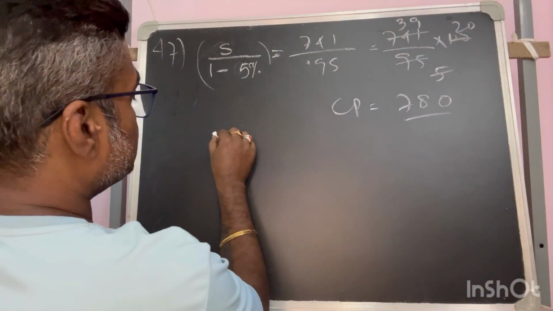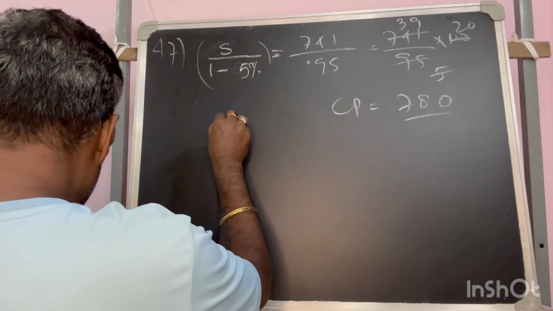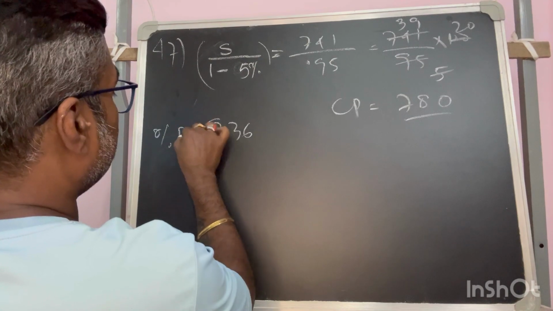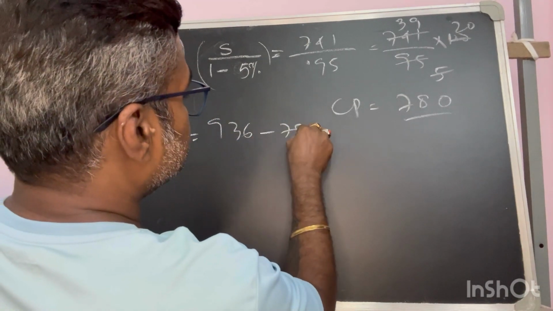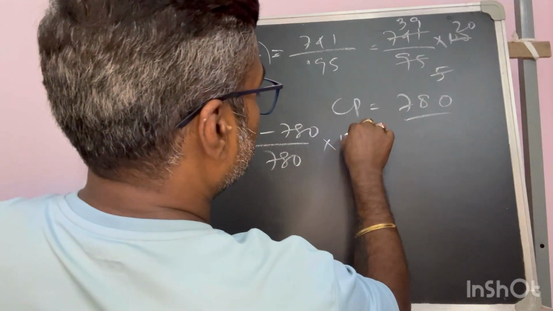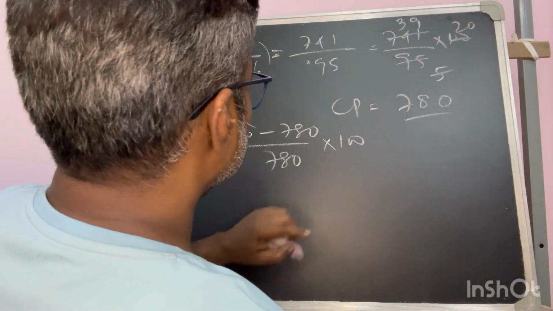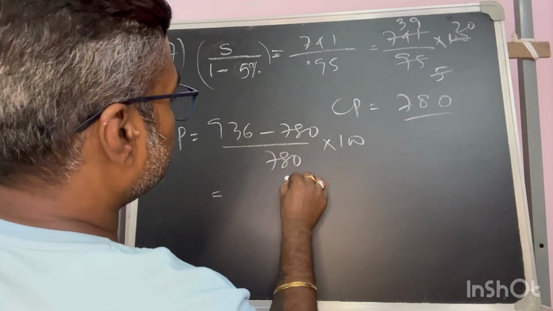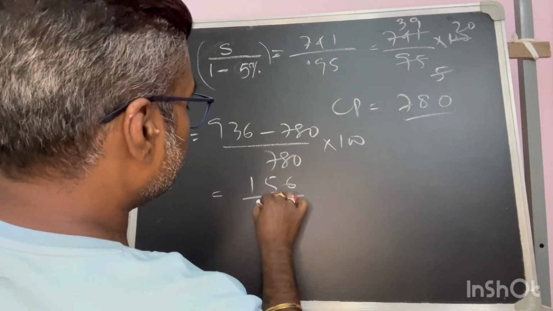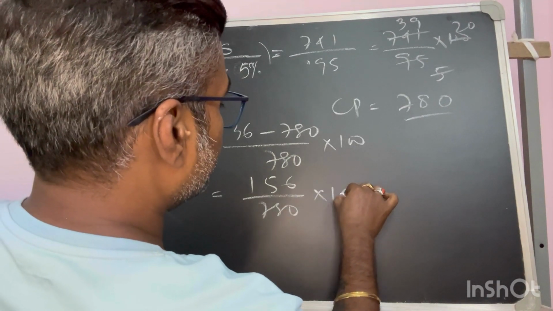Now in the later equation, the selling price was 936. So the profit percentage, if I calculate, is 936 minus 780. Now see, everything in round figure. You need not calculate too much in decimal. So this is equal to 156 upon 780 into 100.